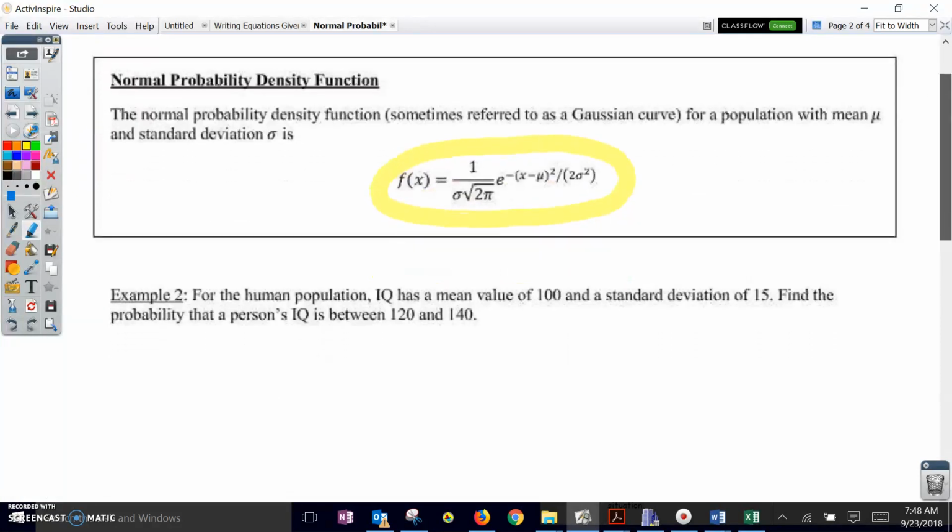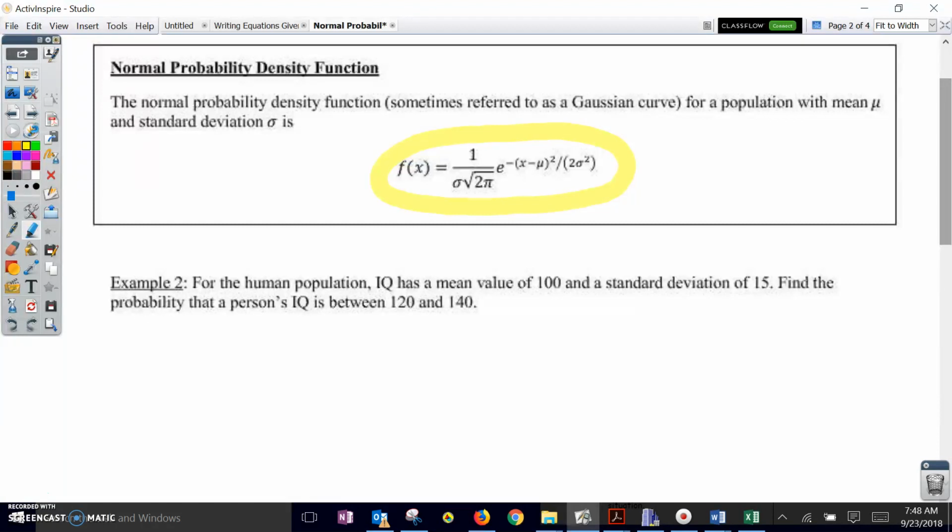Let's look at example 2. For the human population, IQ has a mean value of roughly 100 and a standard deviation of 15. We're going to find the probability that a person's IQ is between 120 and 140. And so we're just going to integrate the probability density function for IQ from 120 to 140. We're going to write that probability density function by substituting the sigma value and the mu value that we have into this formula.